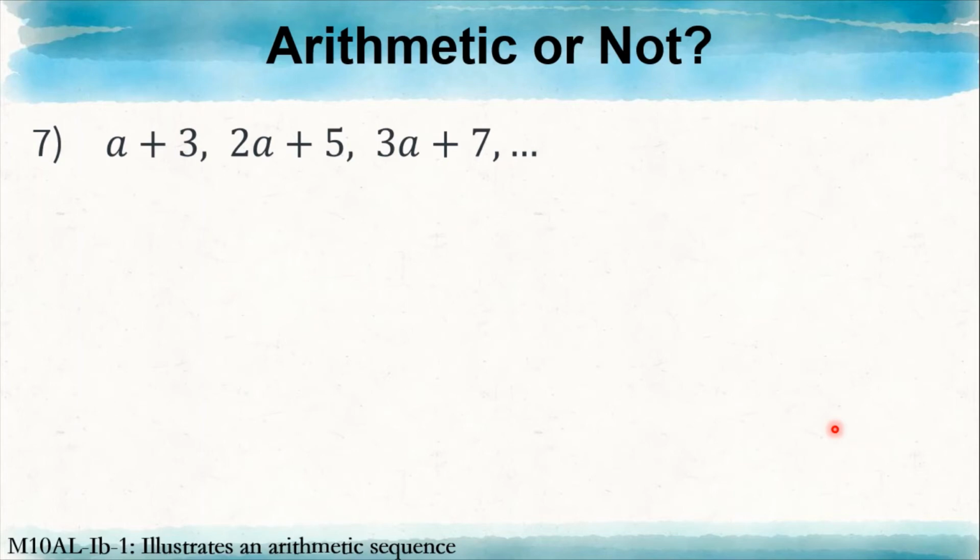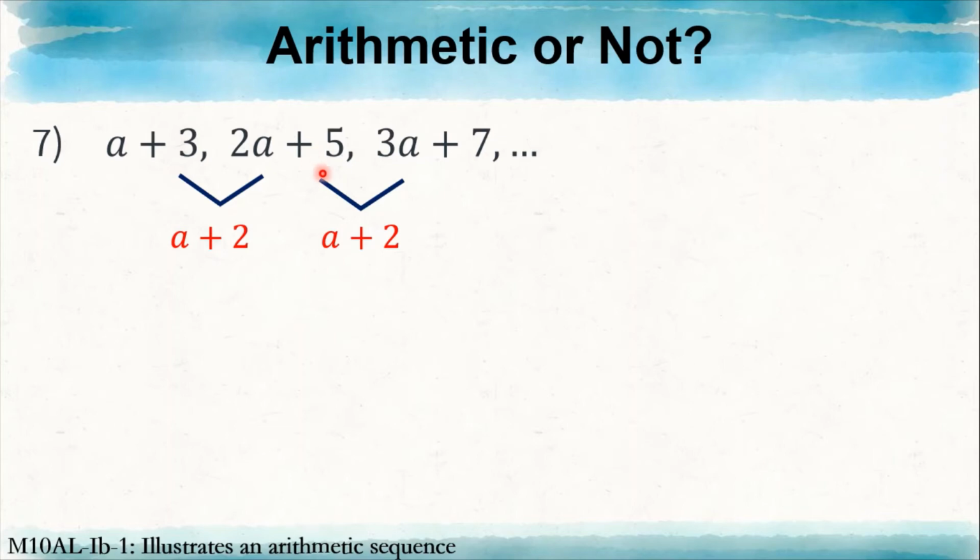Let's have the next example. We have a plus 3, 2a plus 5, 3a plus 7. So, makikita agad ang pattern between the terms. So, we have here a plus 2 because a plus 3 plus a plus 2 is equal to 2a plus 5.